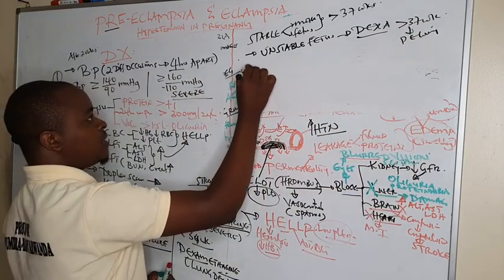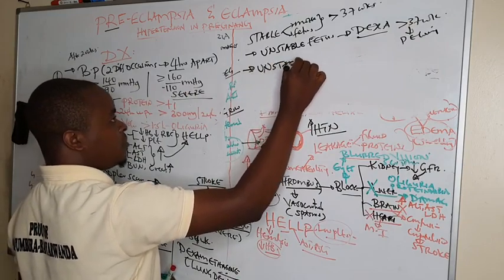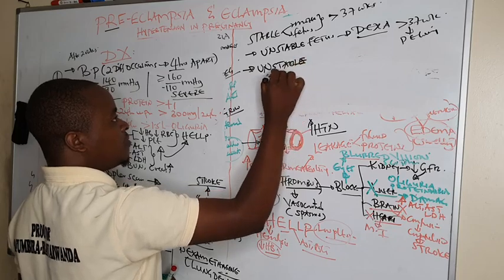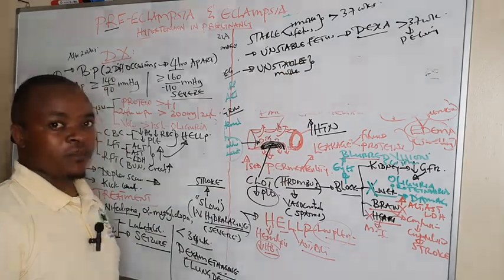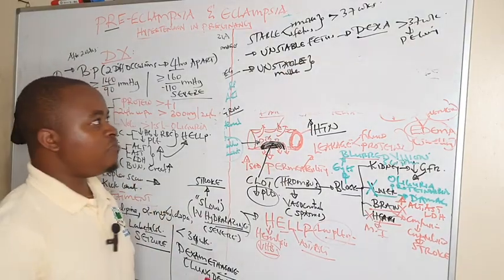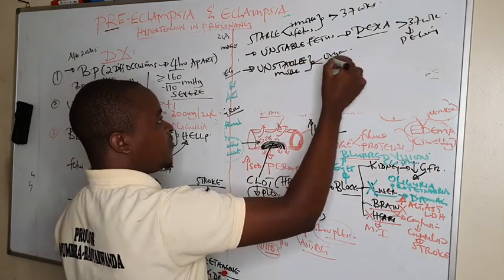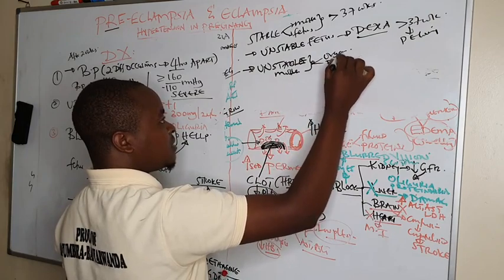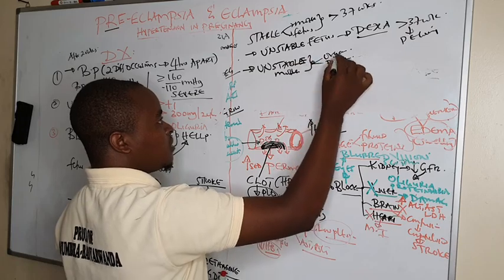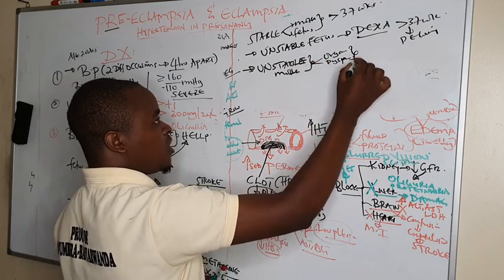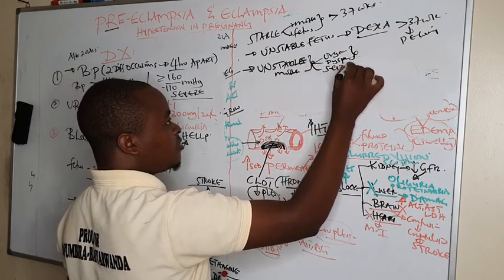Then if the mother is unstable, here you have to plan to stabilize the mother. Maybe the mother is having organ failure, is having dyspnea, that is shortness of breath, and maybe is developing seizures or convulsions.